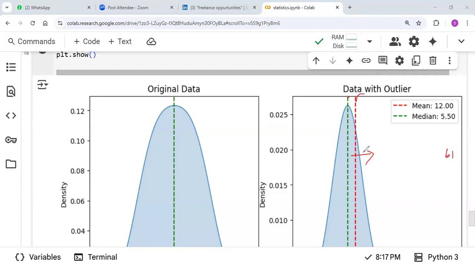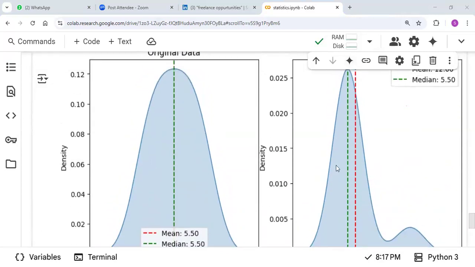The median tells you the original density of your data points, where the most concentrated data points lie in this distribution. So the median gives you the exact information, but the mean is deviating. It is not showing the original distribution.